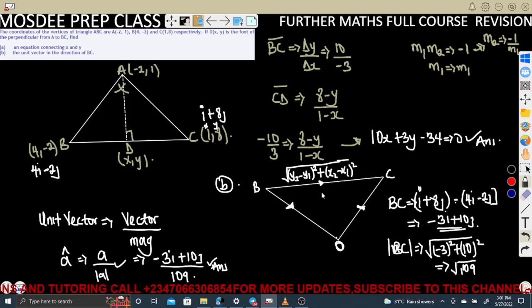The one from O to B, you can see is 4i minus 2j. I've just explained how to write the i and j there. And from the origin to C, that is i plus 8j.